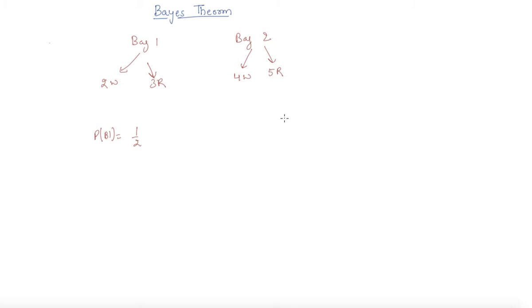So if I ask for the probability of getting a white ball, there will be two cases: probability of getting a white ball if bag 2 is selected plus probability of getting a white ball if bag 1 is selected. So you need to apply this formula, students.